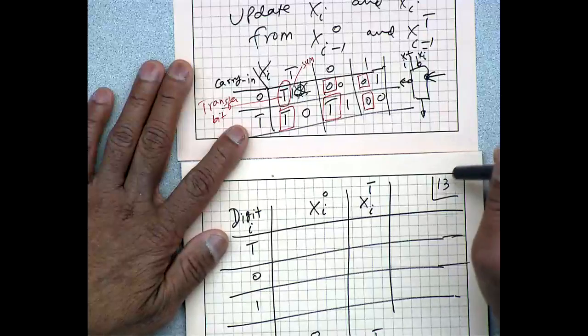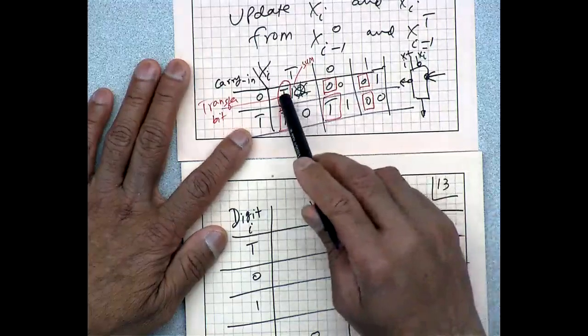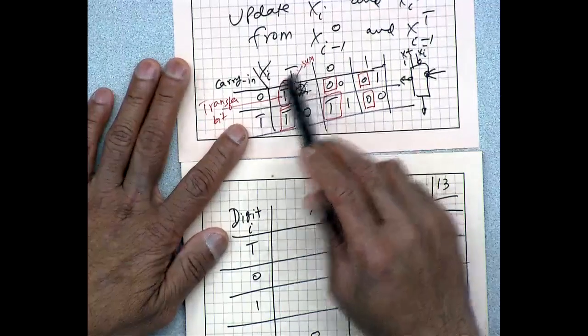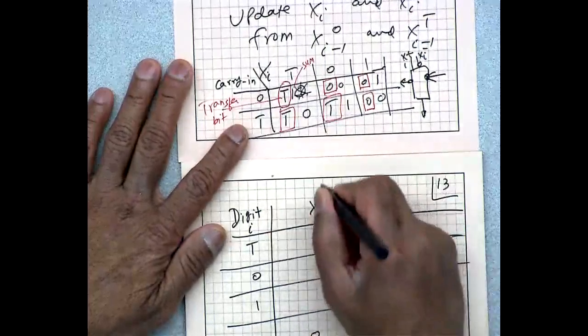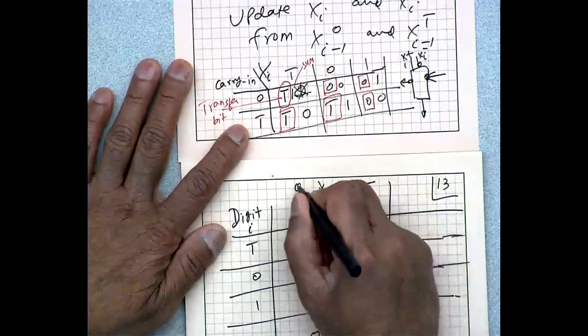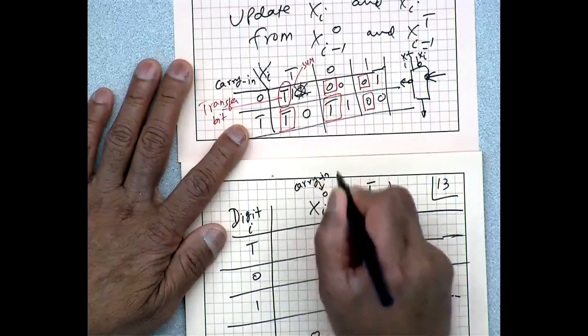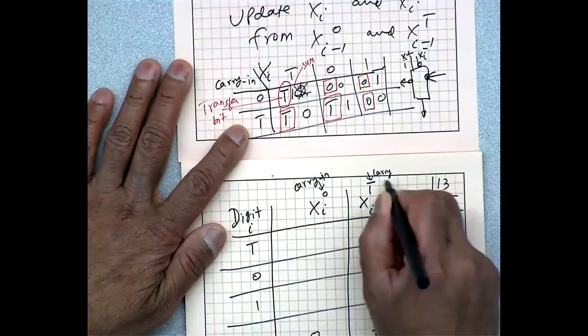Think about if the digit is 1 bar and the carry in is 0, and this is carry in is 1 bar.